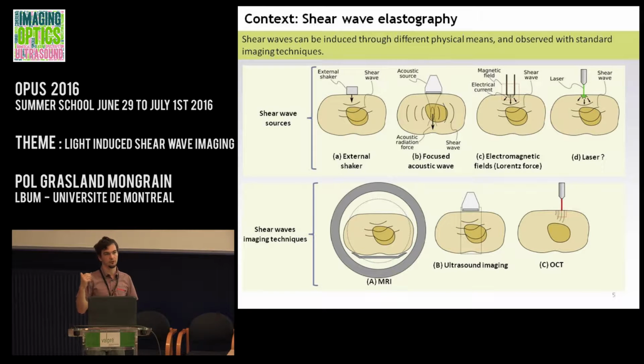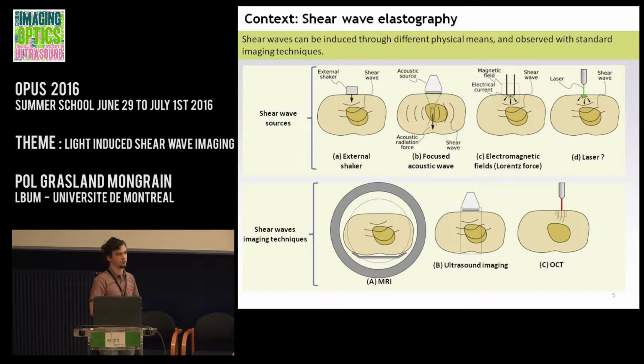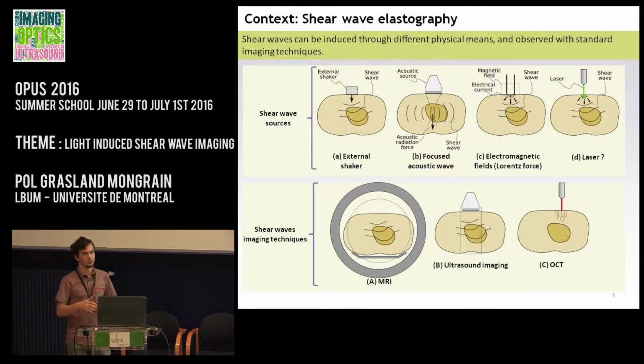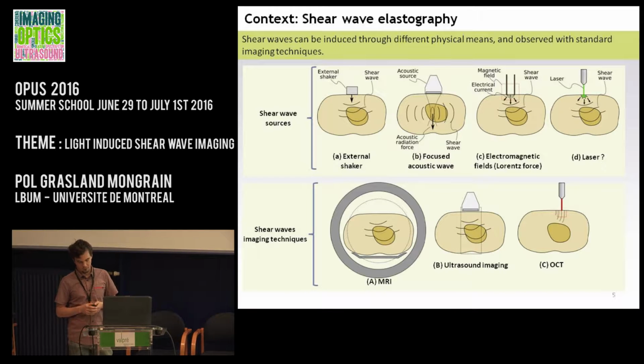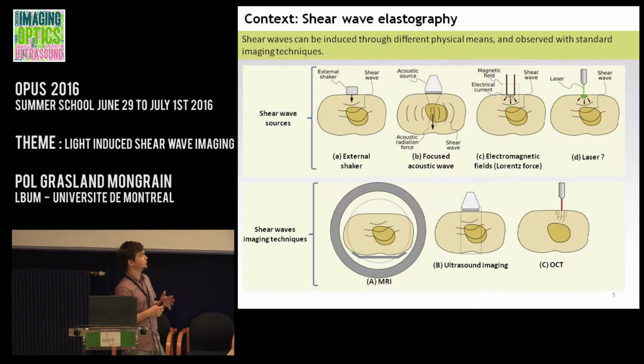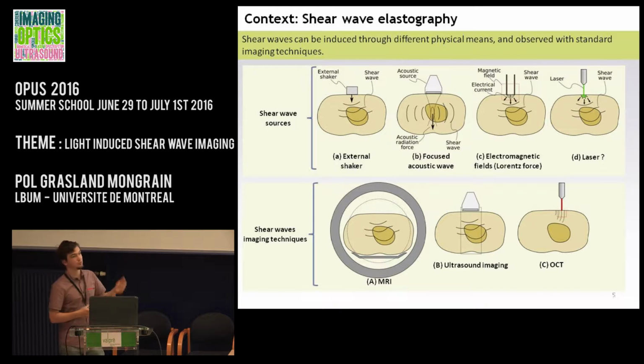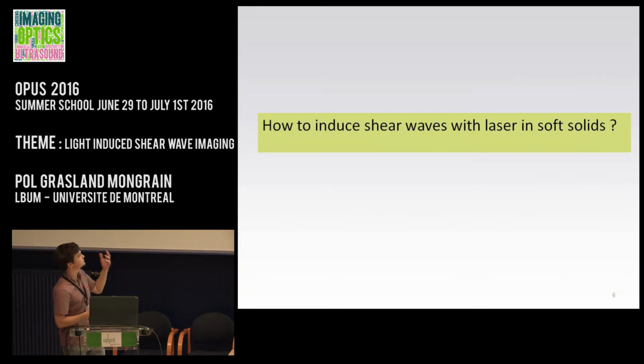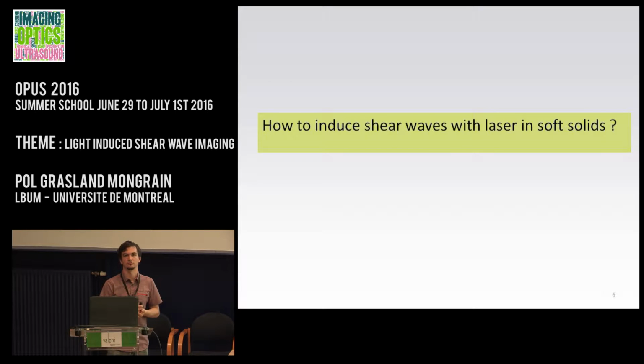If we combine an electrical current and a magnetic field, we can also create shear waves. There are other ways under study to induce shear waves, but these are the main ones. And could we use a laser to induce a shear wave? This is the main question of this presentation.